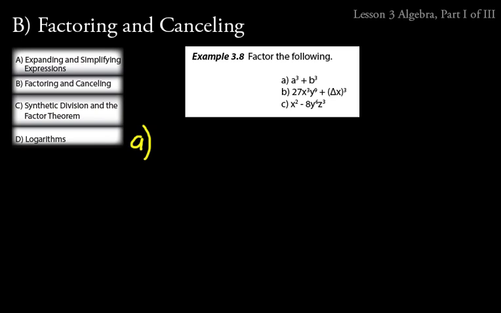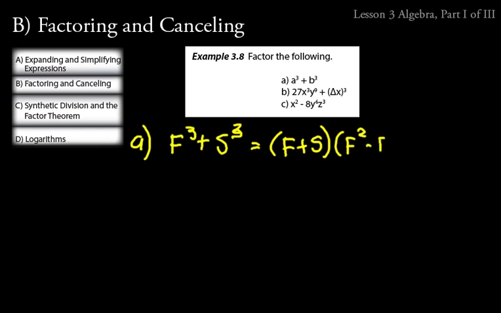So we have a sum of two cubes, a cubed plus b cubed. That general formula is f cubed plus s cubed, first term cubed plus second term cubed, is equal to parentheses f plus s times f squared minus f s plus s squared.